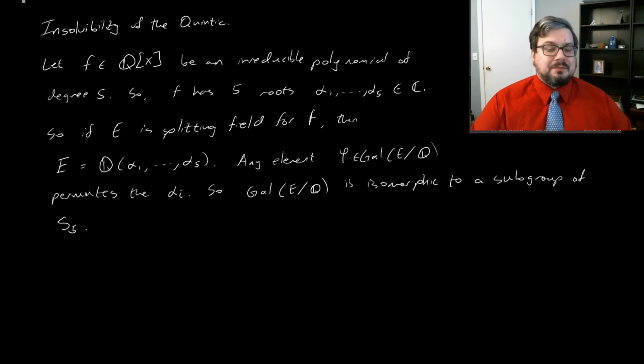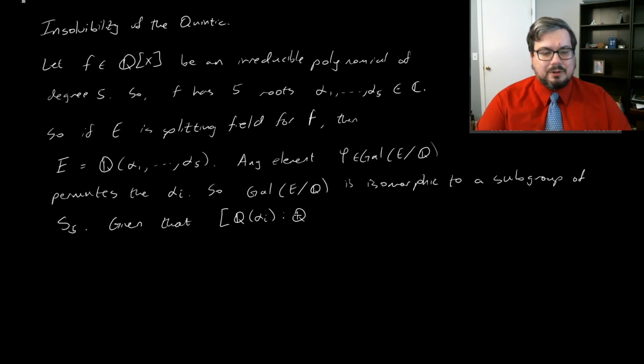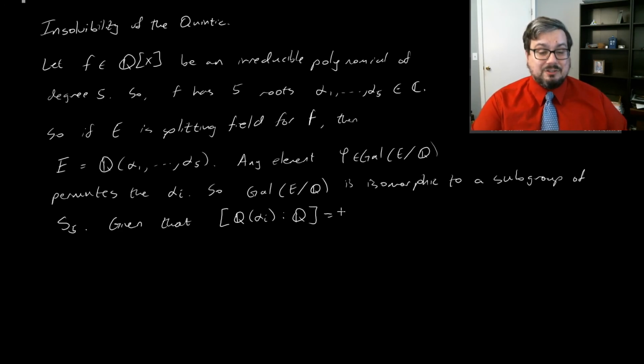So we want to identify what kind of subgroup of S5 this Galois group is, and there can be some differences. Since we've assumed f is irreducible, the degree of Q of alpha i over Q is equal to 5 for any alpha i.